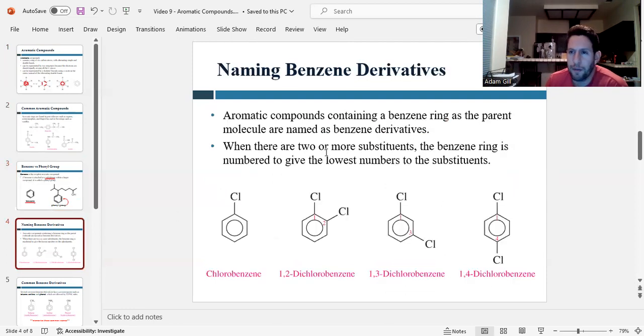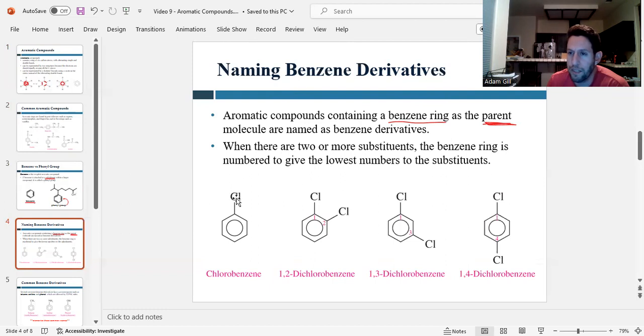Now, let's talk about how to name benzene derivatives. So any aromatic compound that has the benzene ring as the parent, it's called a benzene derivative because it's derived from benzene. When there's two or more substituents, the ring is numbered to give the lowest numbers to the substituents. So here's some examples.